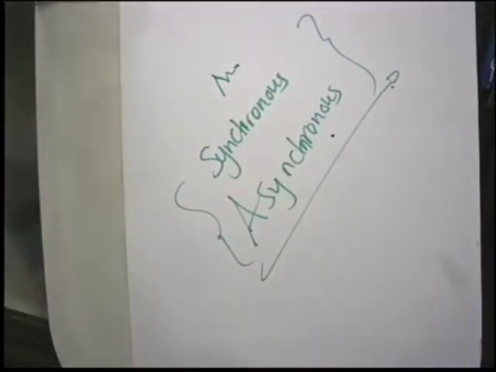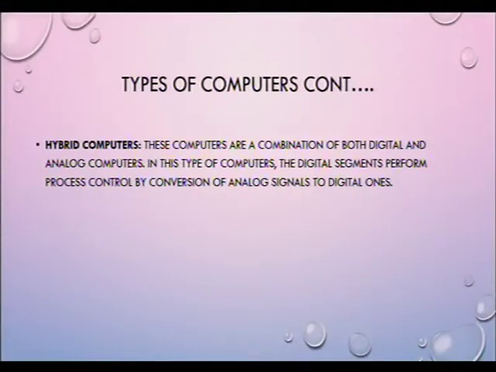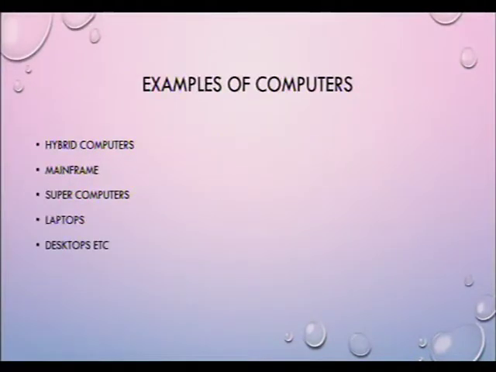Things like hybrid computers. What are hybrid computers? These are computers that come as a combination of both digital and analog computers. The digital part performs process control by converting analog to digital. Hybrid computers are used at companies like Google. They are really big computers that can process a whole lot of information.